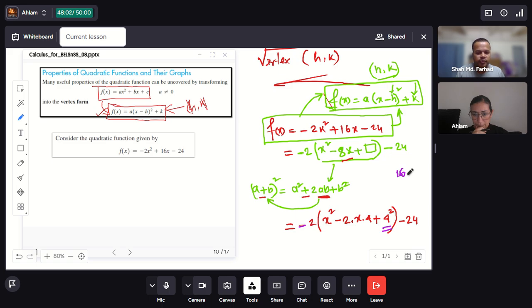That means we have to multiply 16 by negative 2. That is negative 32. So we have just added negative 32 here extra, so we have to subtract it. Since we have here negative 32, we have to put here positive 32. So the value will remain the same.